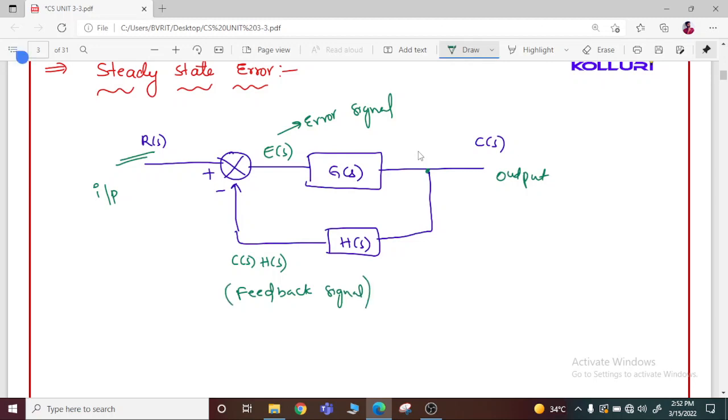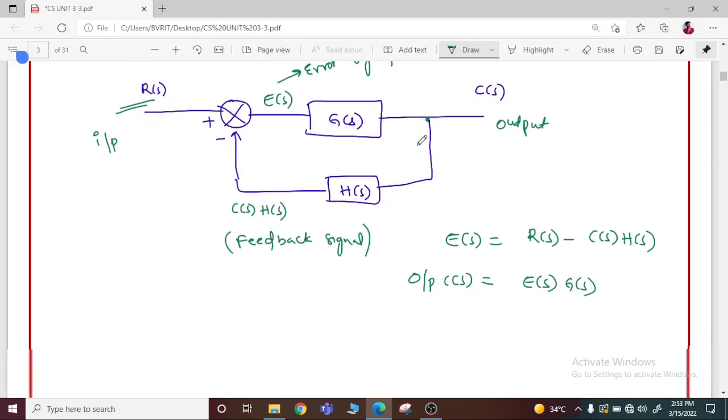So here the error signal E of s, from this block diagram, can be written as R of s minus C of s into H of s. This is the error signal. Okay, so here the output is C of s, which can be written as E of s into G of s, the multiplication of these two signals.